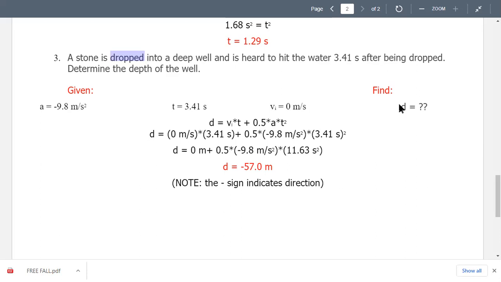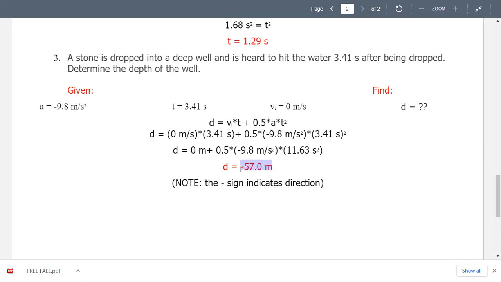So d is equal to vi multiplied with your t plus half of your acceleration and time squared. Your d is equal to 0 meters per second multiplied with your time at 3.41 seconds plus half of your gravitational acceleration at negative 9.8 meters per second squared, multiplied with your time squared at 3.41 seconds quantity squared. Simplifying the whole equation gives us your distance at negative 57 meters.